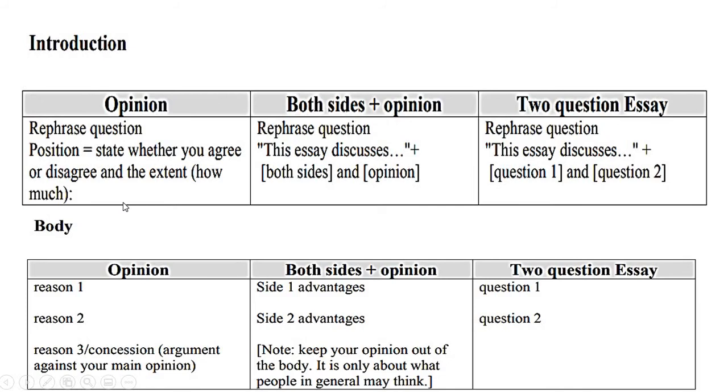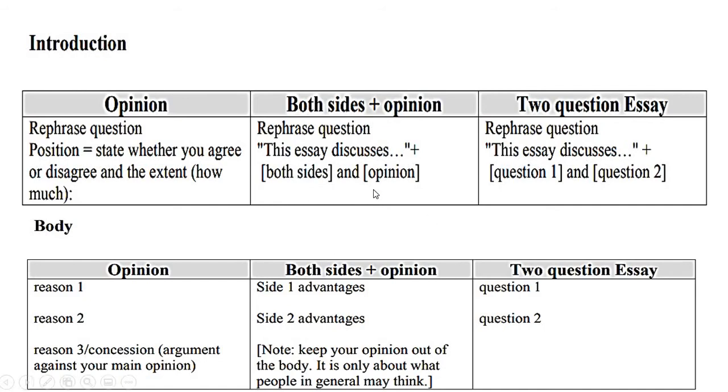Then in the body paragraphs, you have, for example, reason 1 and reason 2. Sometimes you may need a third reason for concession. It's an argument against your main point. You want to show the opposite side before you finally conclude your essay. That's what concession means.